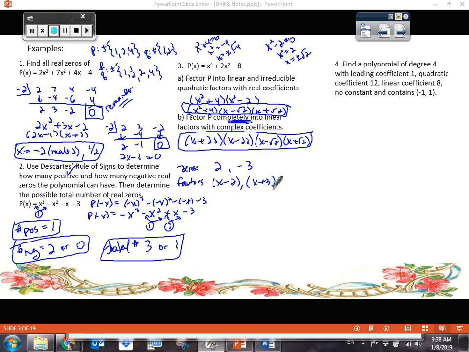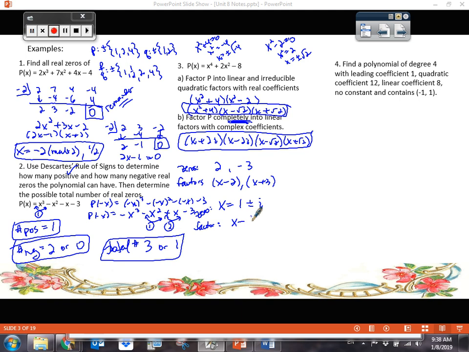The reason I'm saying that is because you're going to be faced with imaginary zeros that are a little more difficult than plus or minus 2i. Let's say you have imaginary zeros of 1 plus or minus i, and we want to make factors out of those. If this is my zero and I want the factor, I'm going to do the same thing I did up here: x minus.